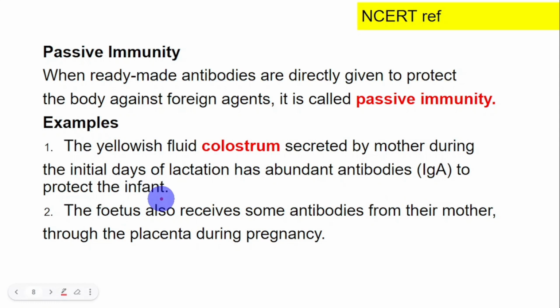the infant. And before birth, we call it fetus. So fetus is connected to mother via the placenta. So fetus receives some antibodies from their mother through placenta. So let's use this question as an opportunity to revise other categories of active immunity and passive immunity.